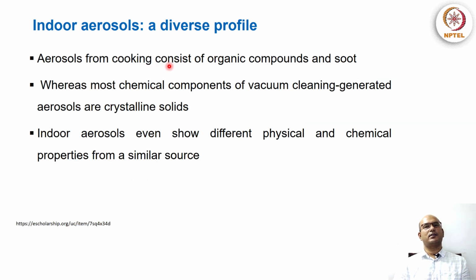Aerosols from cooking can naturally, because we are talking about carbon-based materials, contain organic compounds as well as soot. But most chemical components of vacuum cleaning, so these are more mechanical, are crystalline solids. So these are different sources and different profiles, but we know that even for similar sources, sometimes indoor aerosols can show different physical and chemical properties.